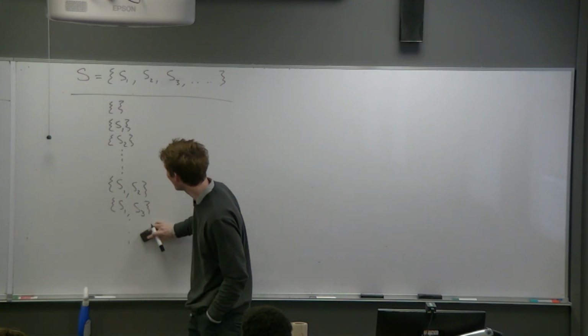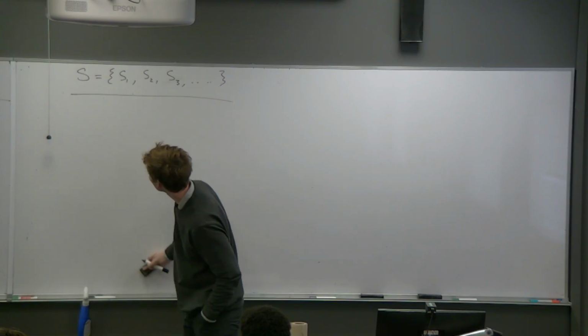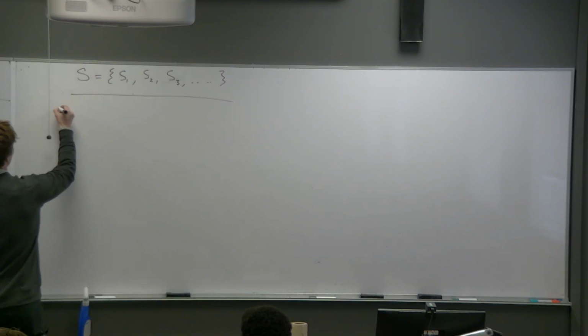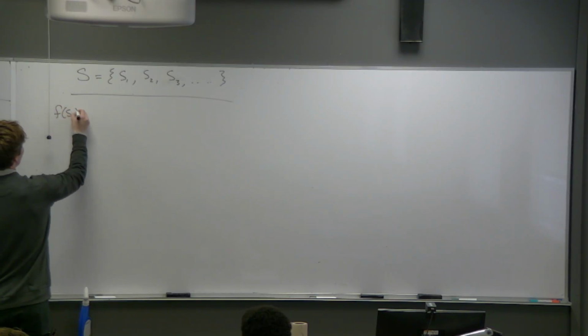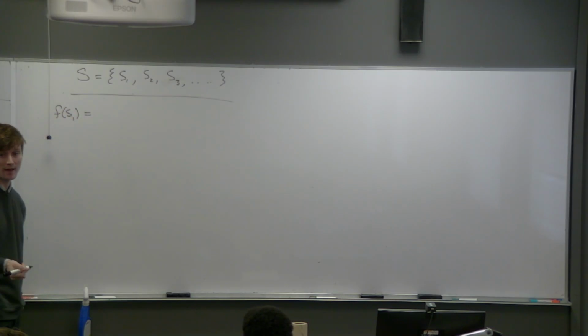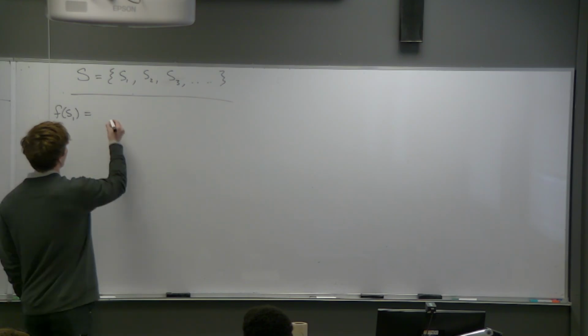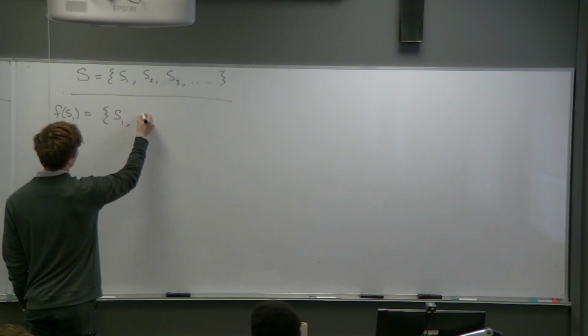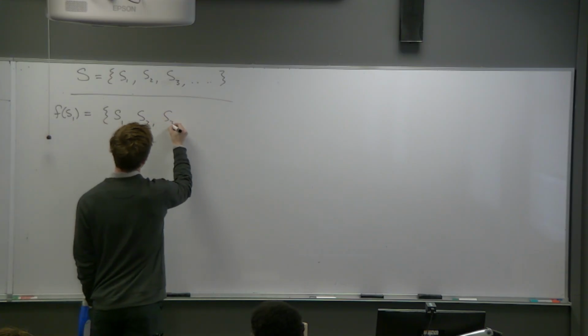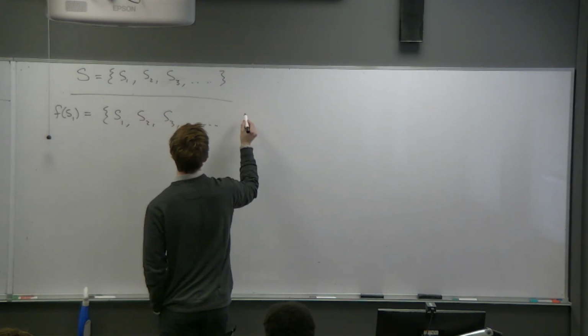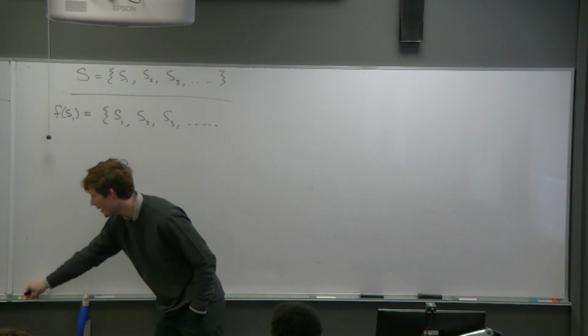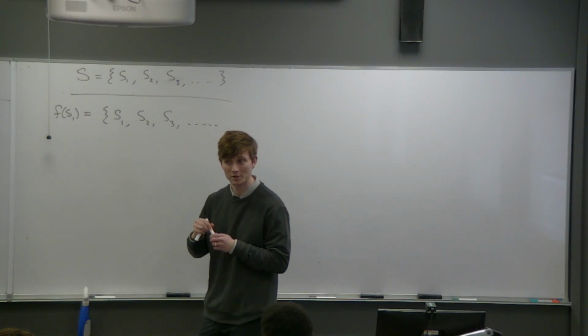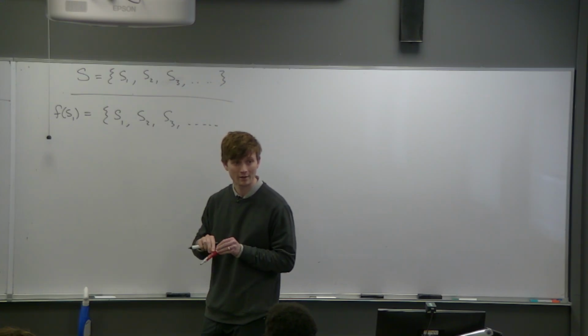Now let's think about what happens with every element you send through. So f of s1 is going to be some subset of S. If you imagine taking a copy of S, it's not necessarily s1, s2, s3, and so on forever. What's really going on is you're taking the whole thing and picking which things are not in what you get out.